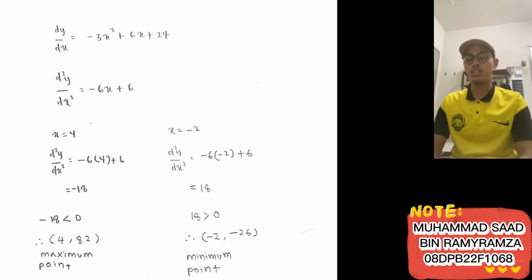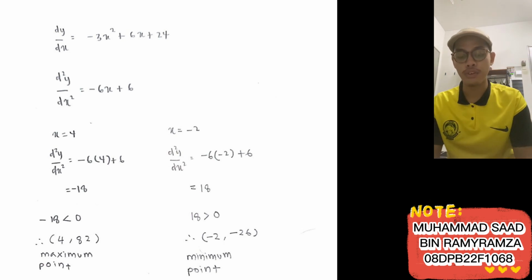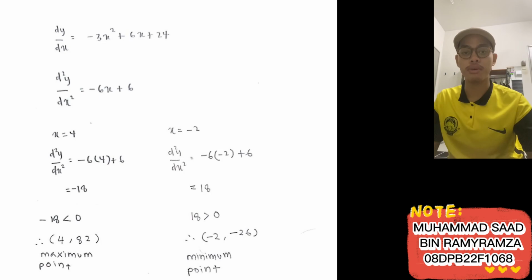When x equals 4, we get negative 18, which is less than 0, meaning it is a maximum point. Next, when x equals negative 2, we substitute into the second derivative and get 18. 18 is more than 0, so it is the minimum point. Thank you very much.